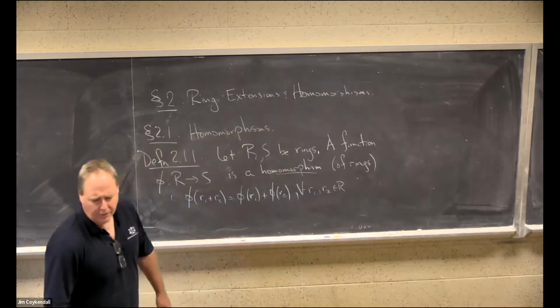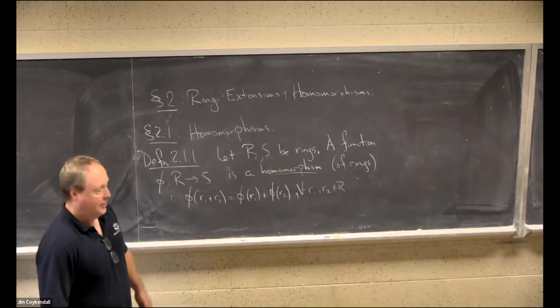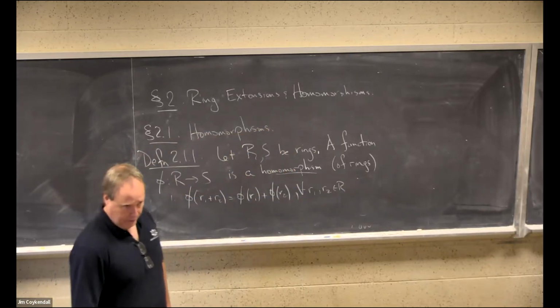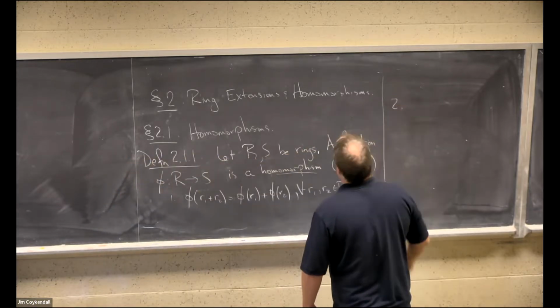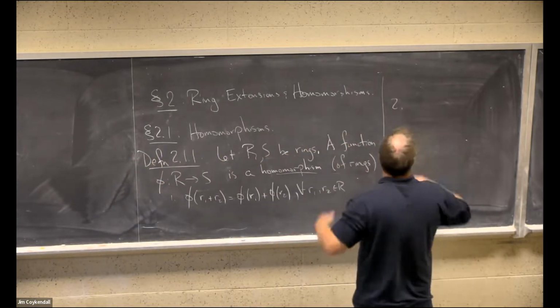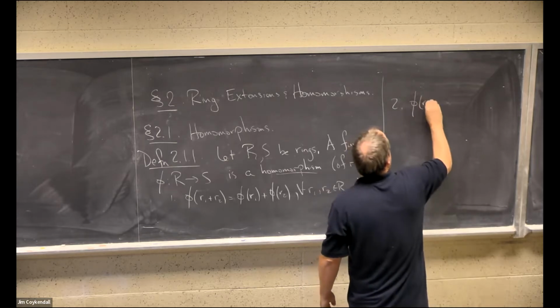So basically, this first condition says this is a homomorphism of abelian groups. That's it. A ring is first and foremost an abelian group. It has that underlying structure, and this says it's a homomorphism of groups.